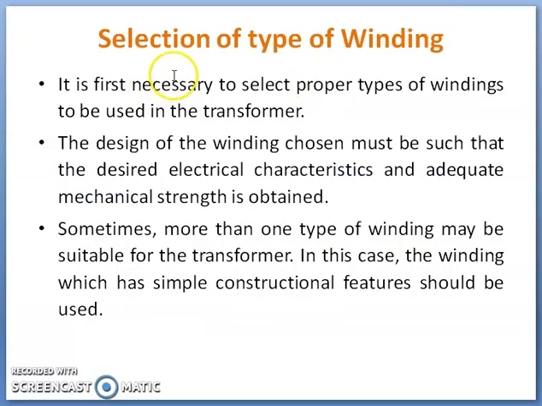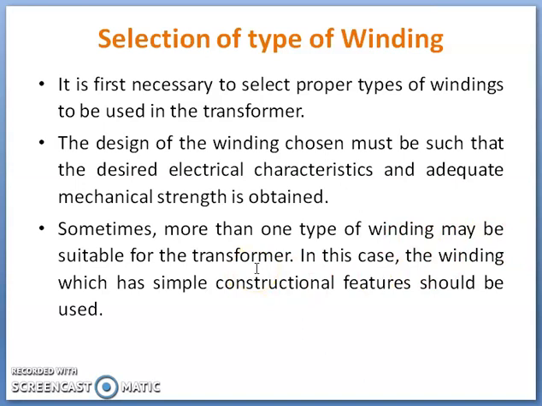Okay, then how to select the type of winding? Here it is necessary to select the proper type of winding to be used in the transformer. The design of the winding chosen must be such that it gives the desired electrical characteristics as well as adequate mechanical strength. Sometimes more than one type of winding may be suitable for a transformer.